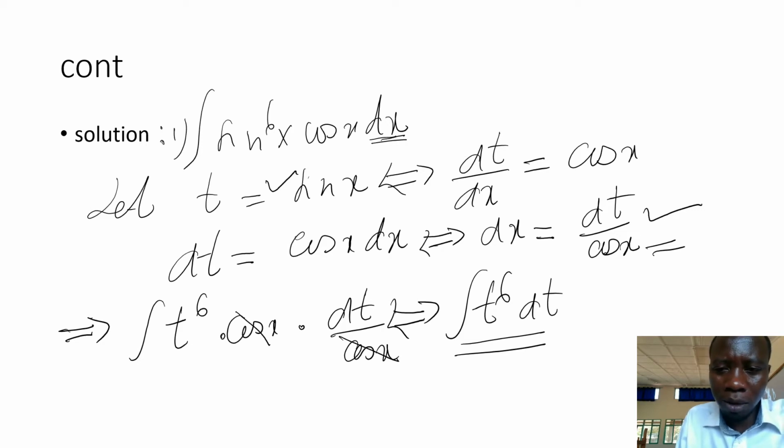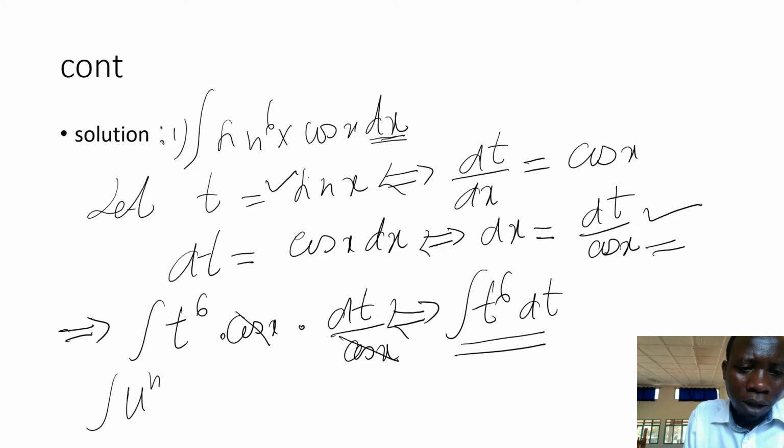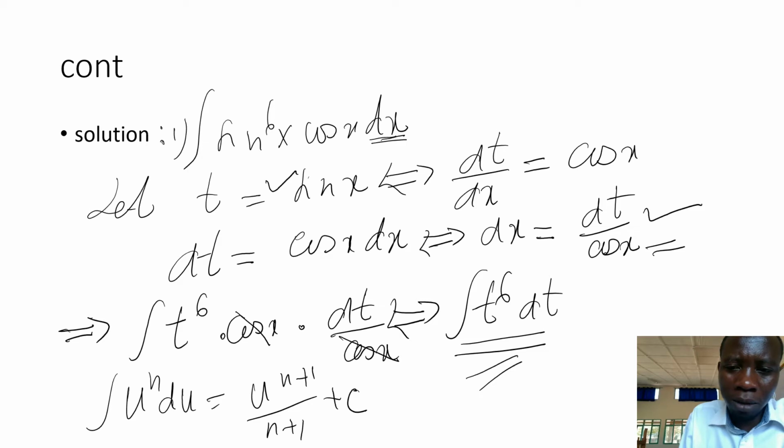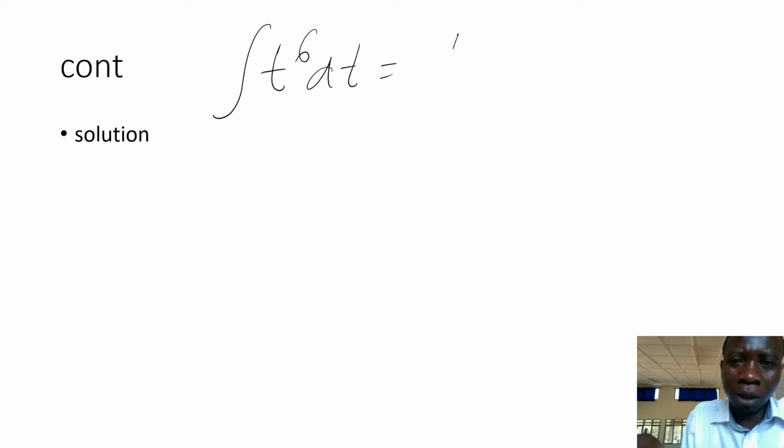When you are changing variables, make sure that you remain with only the new variable. So when you have this, you apply the first rule of integration, which states that the integral of u power n du is equal to u power n plus 1 over n plus 1 plus c. This means the integral of t power 6 dt is equal to t power 7 over 7 plus c.